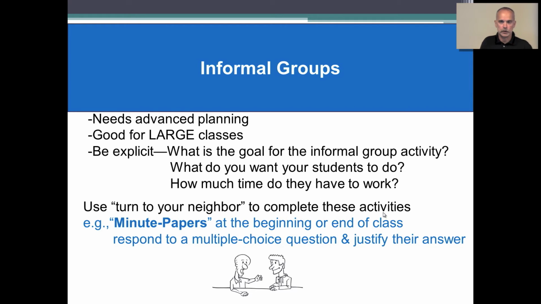After doing that, you as the instructor might quickly do a survey of the class in terms of who picked what answer to the question, and collectively see what kind of justifications they gave.